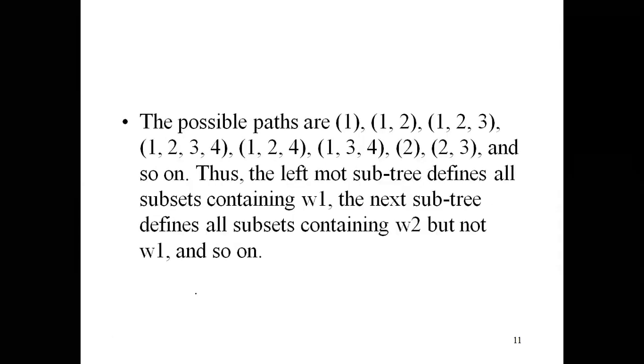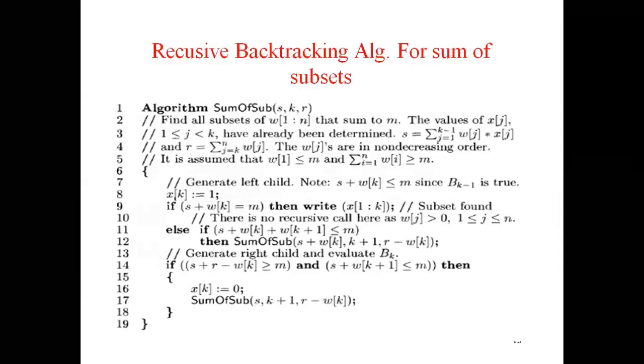It is assumed that w of 1 should be less than or equal to m, our value. Suppose, for example, the sum should be 30, then the first weight should be less than the total sum required. Sigma i equal 1 to n of w of i, the total weights, should be greater than or equal to m. The sum of the weights of the given set should be greater than or equal to the required positive value.